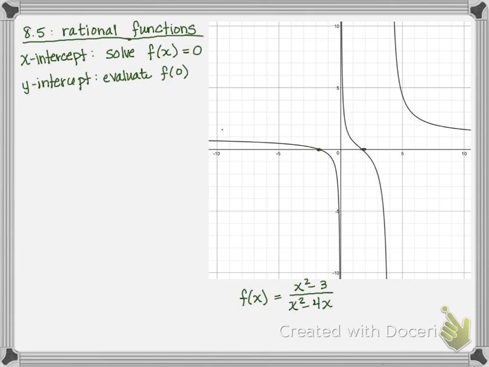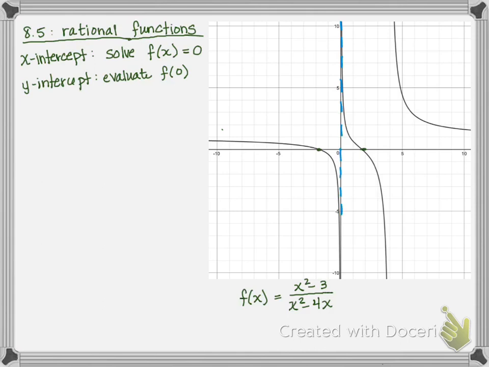We always want to look at what x values we can plug into the function and correspond to points on our graph. So when we think about the domain of a rational function, one thing that we notice as we look at the graph is that there are these x values that my graph never actually reaches.